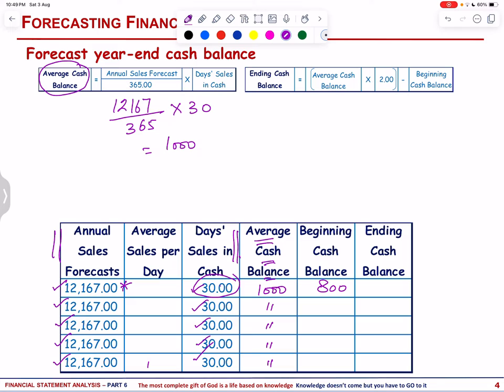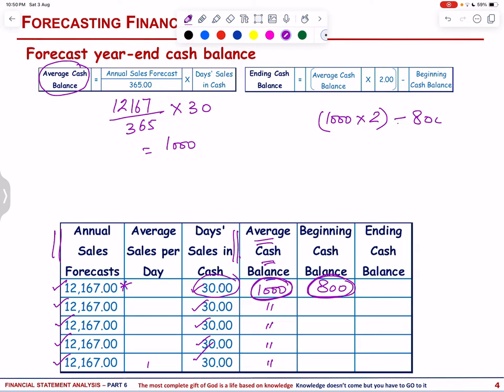Now, to compute the year-end cash balance from the average cash balance, we will multiply the average by 2. So we have an average cash balance of 1000. So 1000 times 2, and we are going to subtract the beginning cash balance, that is 800.